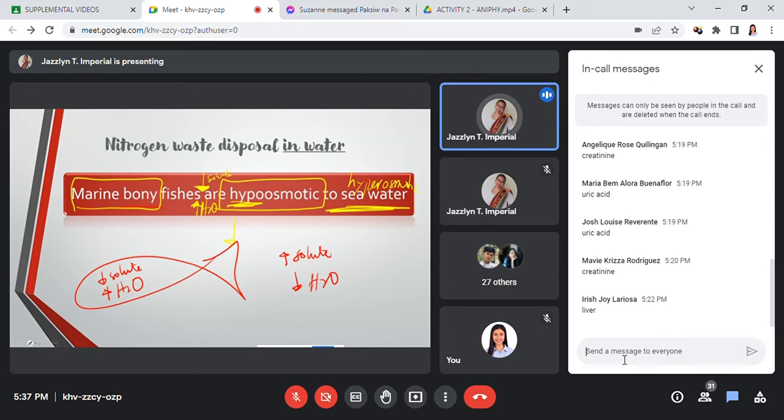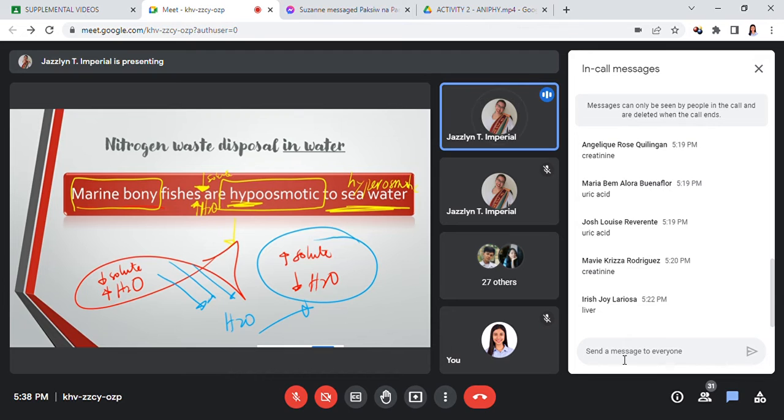Correct. Because the fish is hypoosmotic, the tendency is for it to lose water to the environment, since seawater is hyperosmotic. When you put a cell in a hyperosmotic solution, it will shrink because it loses water to the environment. Okay? That is always the case.